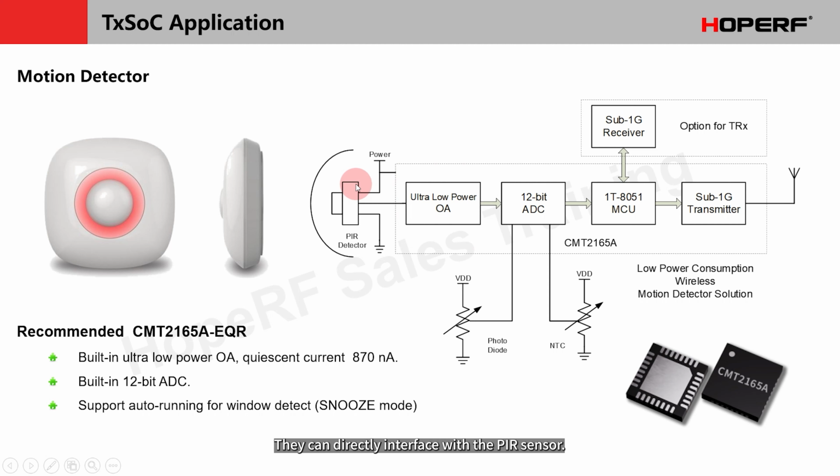They can directly interface with the PIR sensor. In the working mode of this ultra-low power op-amp, only 870 nA is needed. After the signal is amplified and sampled by the ADC, and then processed by the MCU, it is finally transmitted wirelessly. It is a single-chip solution.